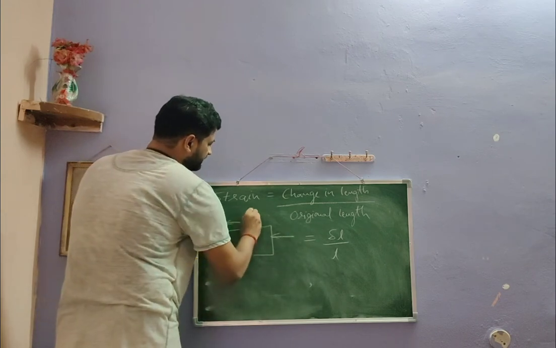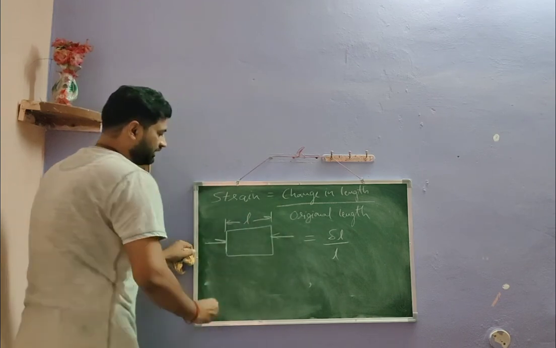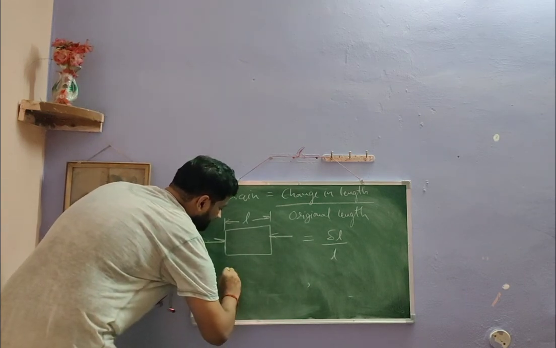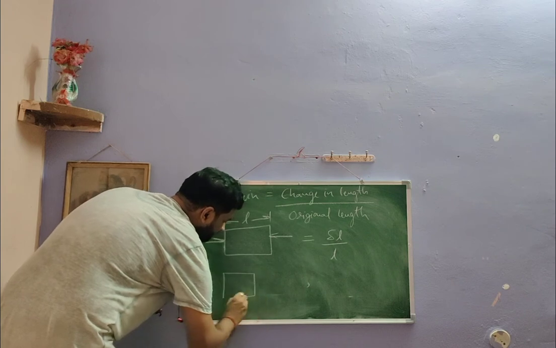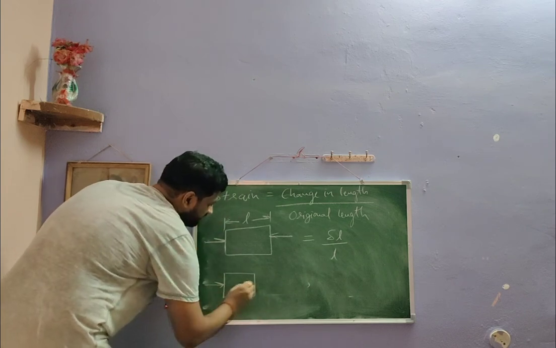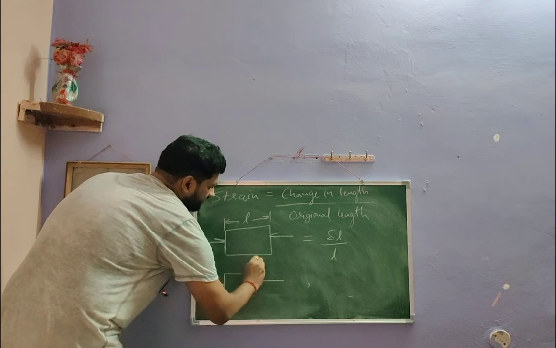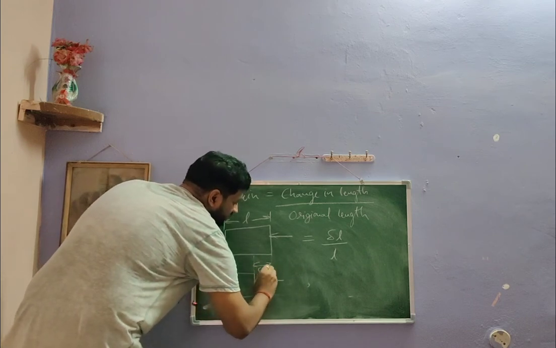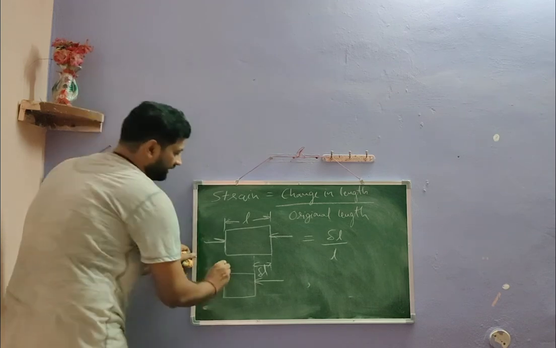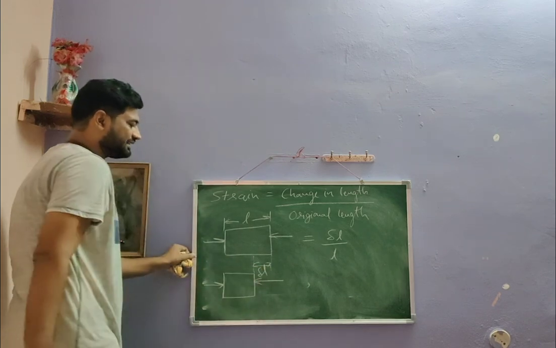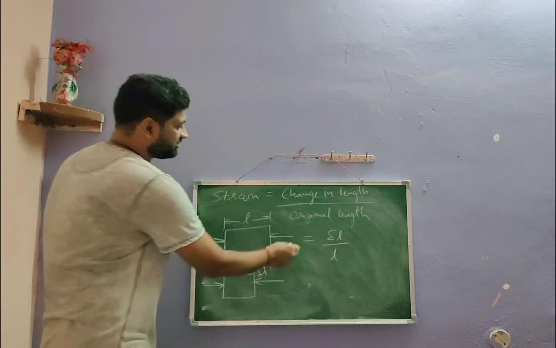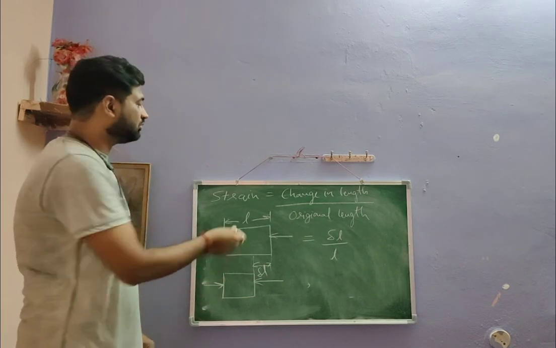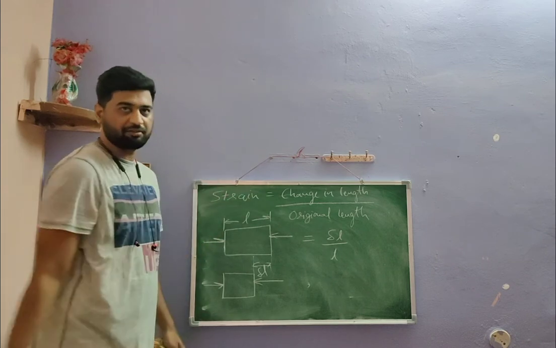The original length is L, and due to this compressive force the length changes into this. This is del L, the change in length. So overall you can say that the change in length upon original length is known as strain.